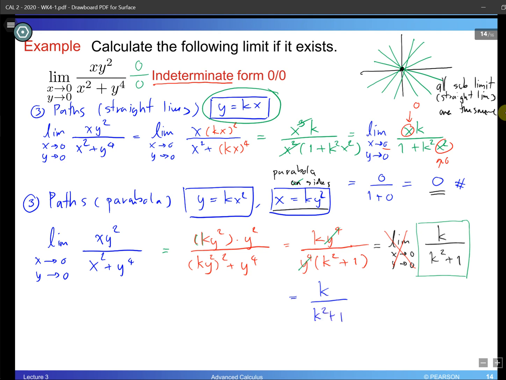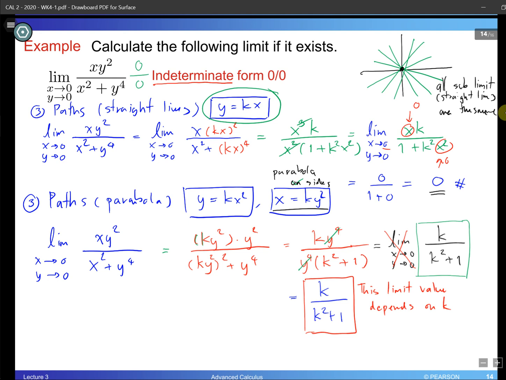Now let's take a look at the meaning of this. This means that the limit value is going to depend on k, which means that along different directions, along different k, limits are going to be different.